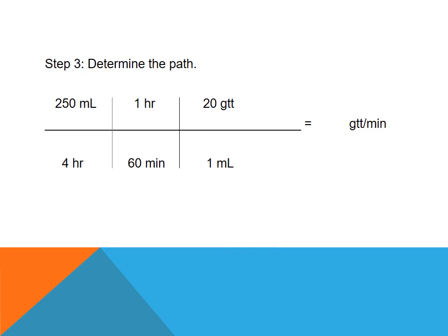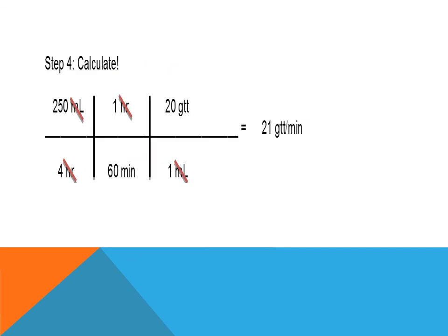So we will cancel out the mLs to mLs, and we'll cancel out the hour to hour, leaving us with nothing but the drop factor and the minutes, which are the units we're looking for at the end of our equation. Then we simply do the math. Once we calculate, we come out with 21 drops per minute. And that is how you calculate an IV drip rate.